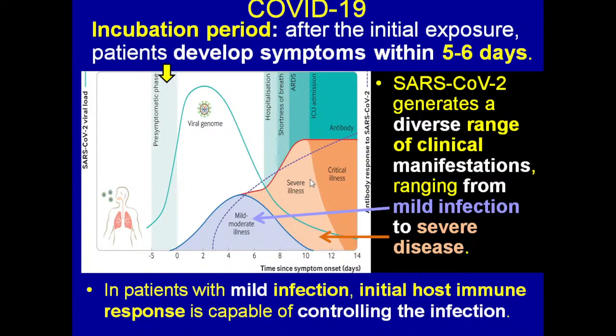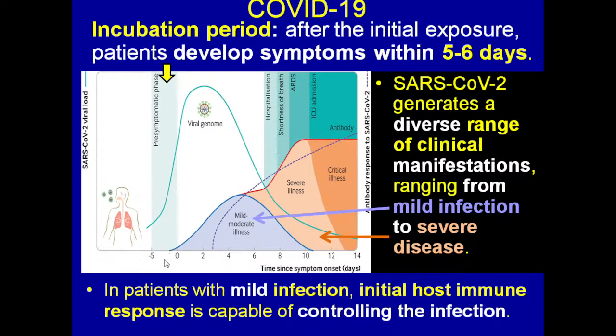So, the time course of the disease. We have the incubation period, and this is the period between contracting the virus and the appearance of the first symptoms. And usually we thought it is very long, but now we think it is around 5 to 6 days. And usually after these 5, 6 days after initial exposure, the patient will develop symptoms.